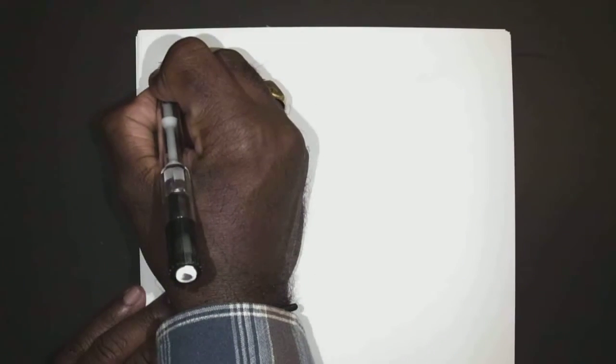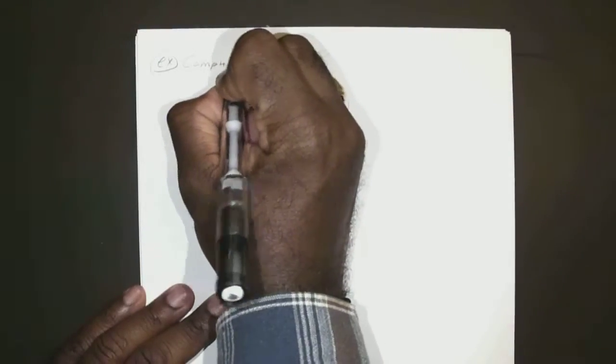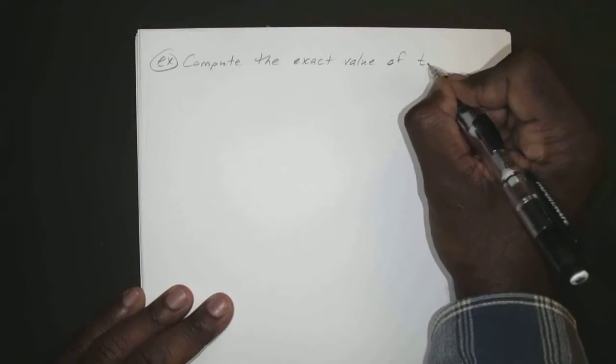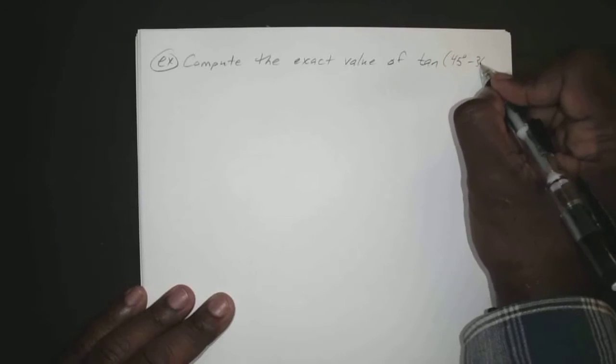So let's say for our next example, we want to compute the exact value of tangent of 45 degrees minus 30 degrees.